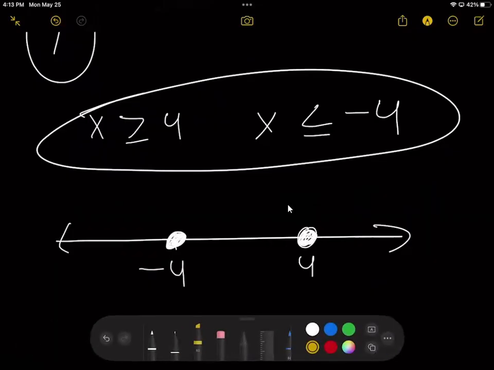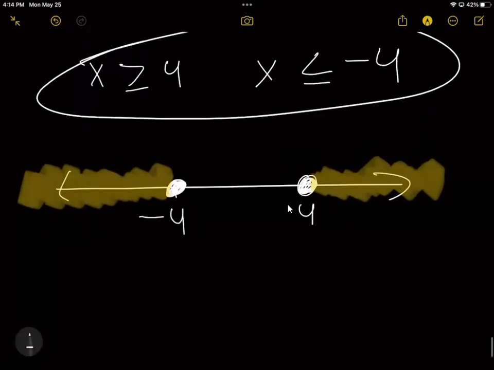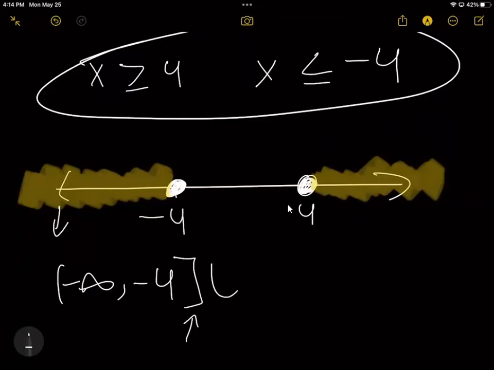Then I shade in everything on the outside, to represent that all the points on the outside are solutions. The way I write that, on this side it goes all the way to negative infinity, but it stops at -4, and I do my bracket because it includes -4.